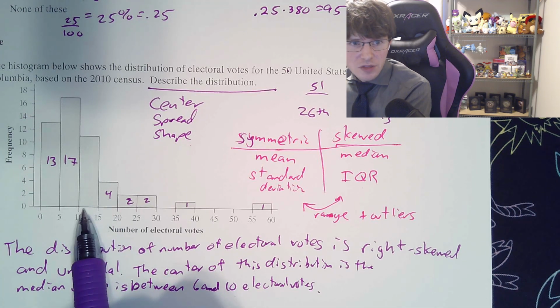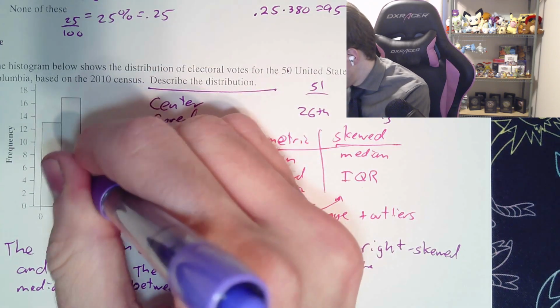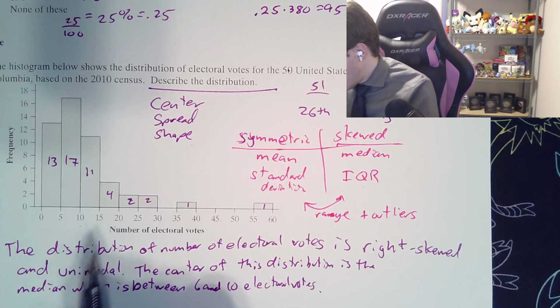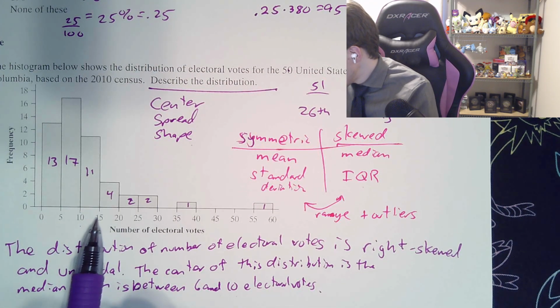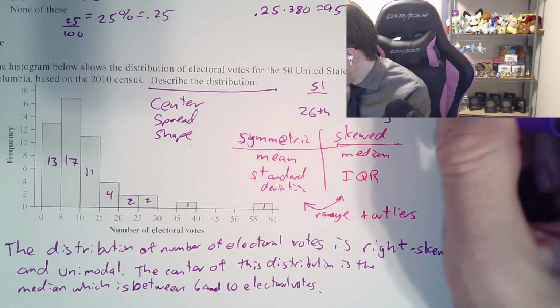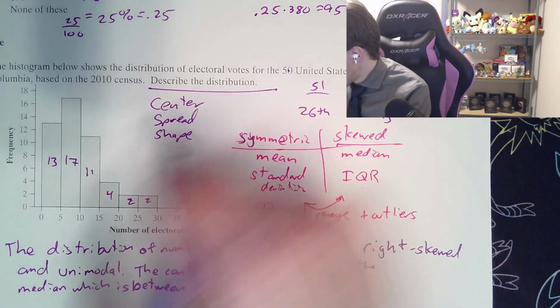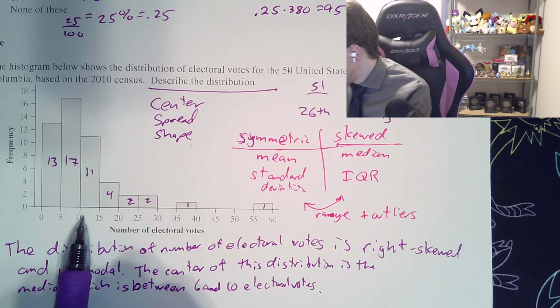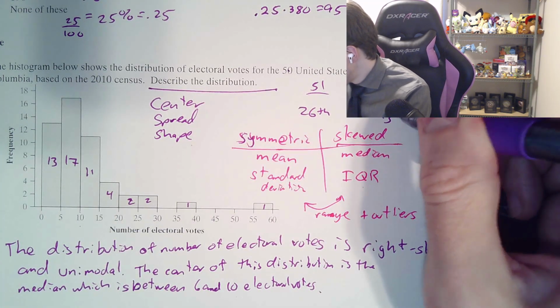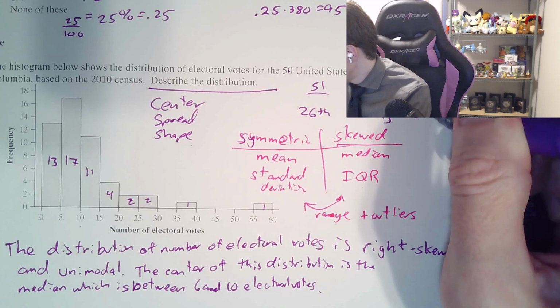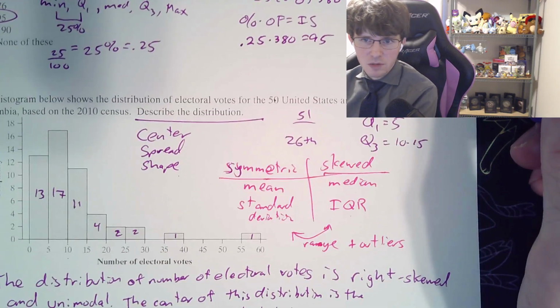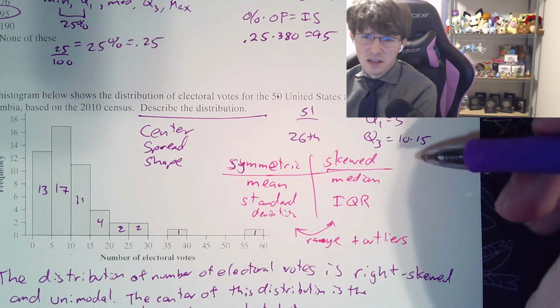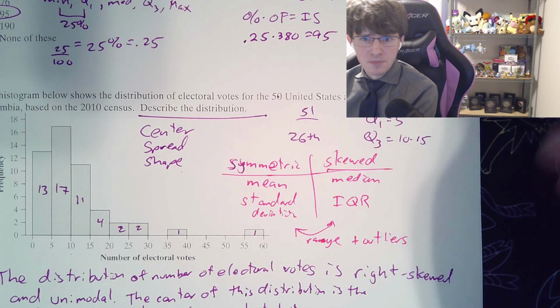So we're looking for the 13th. Definitely going to fall in between here because there are 11 in this little section. So our Q3 is somewhere between 10 and 15. You can just make up a number somewhere around there. So the IQR is somewhere between 5 and 10.